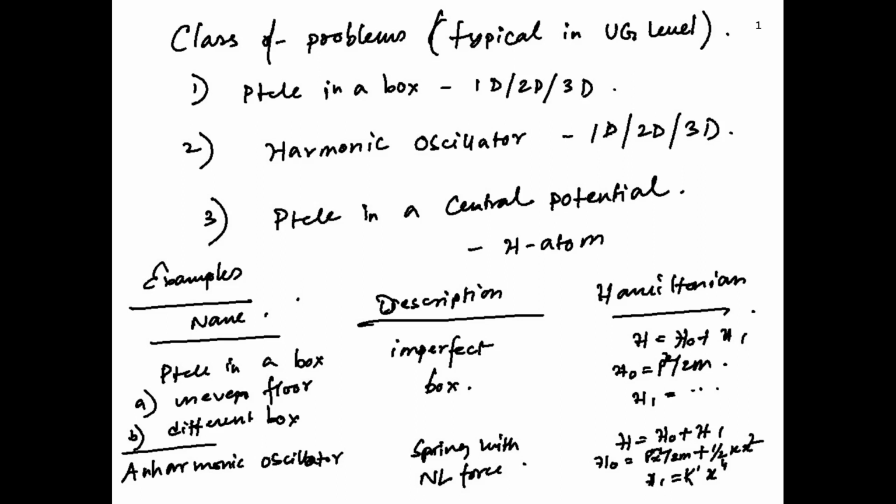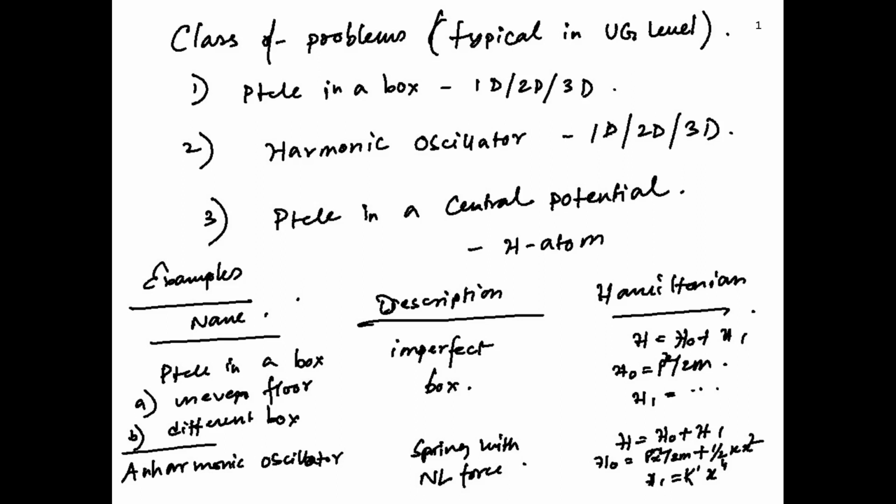First I put the name of the kind of problem, second the description, third the Hamiltonian, how the Hamiltonian looks like. The particle in a box class you can make complicated in infinitely many ways of course, but the most common things you will find in example problems are when the floor of the box is uneven, like there is a small bump, or a delta function, or a small hole, or the floor is sinusoidal or tilted, or so on.